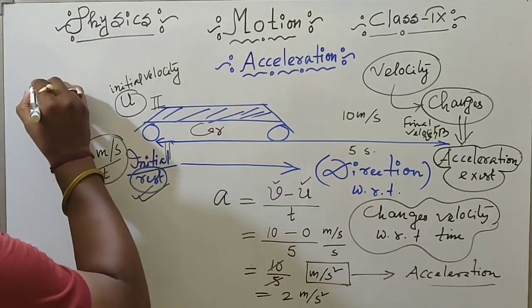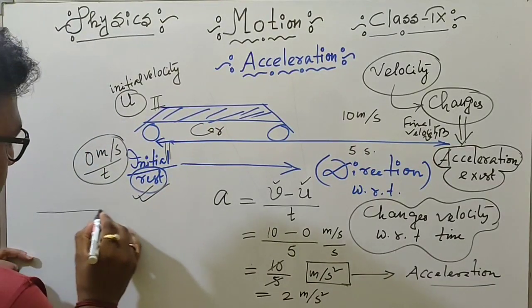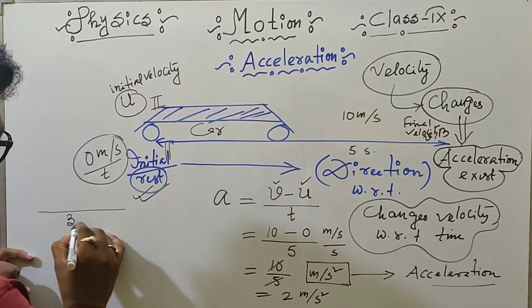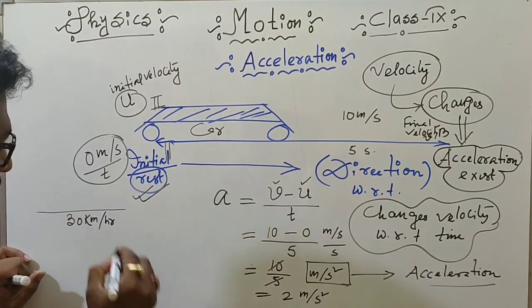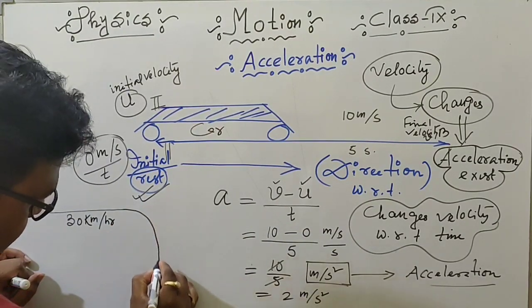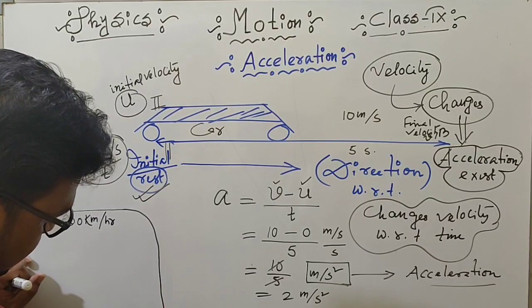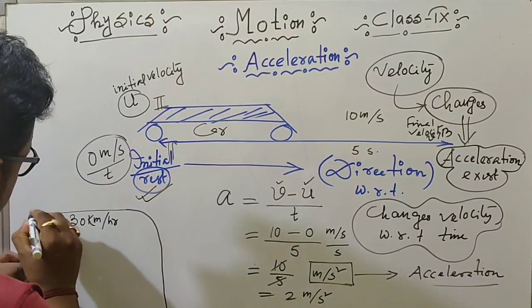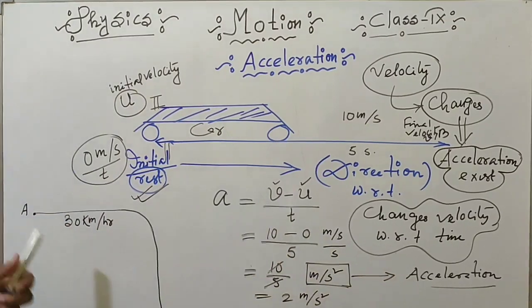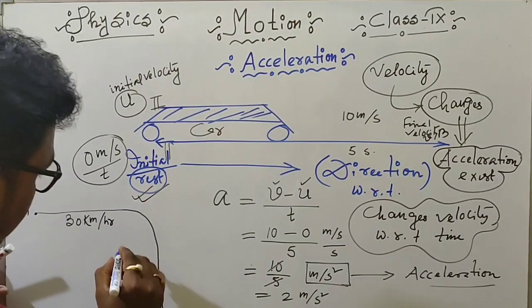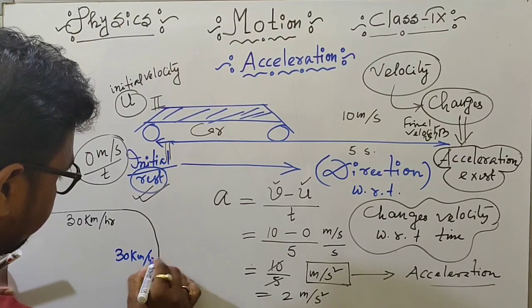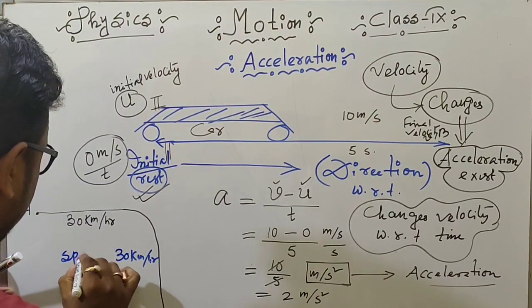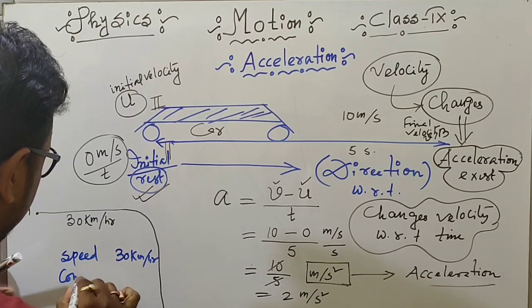Number one, an object travels, for example, at 30 km per hour at a constant speed and changes its direction, reaching the destination point B from the initial position A, and the speed here is constant.